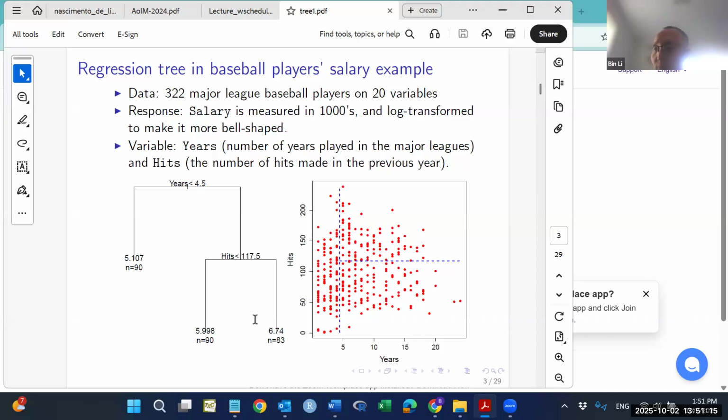A very simple and intuitive way to quantify the complexity of a tree is just to count the number of leaves of a tree. So here we have 3 leaves. That number of leaves of a tree is the tree size. Let's say if we have a tree with 1,000 leaves, the tree size is 1,000.